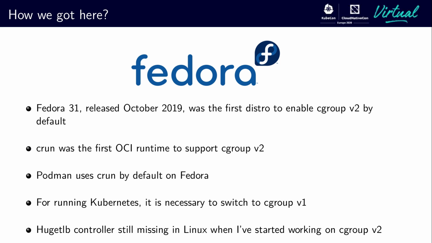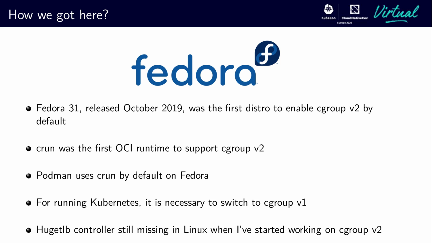crun initially was my side project. I started working on it as a replacement for runc. While playing with it, I added support for cgroup v2, and it gained features until we decided to use it by default on Fedora with Podman. We got good feedback with that, and it's still used as the default OCI runtime.